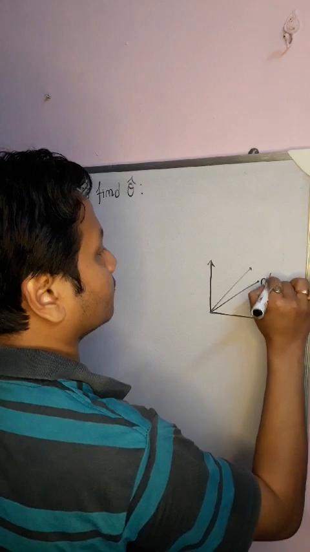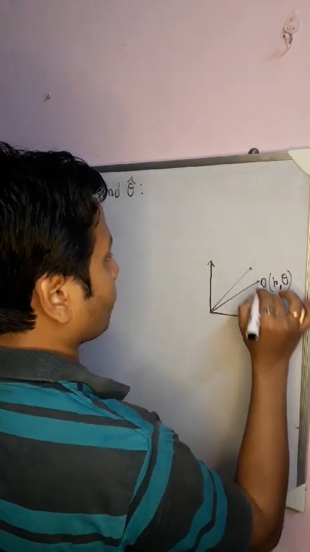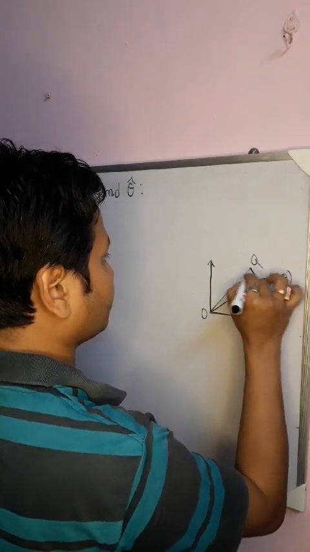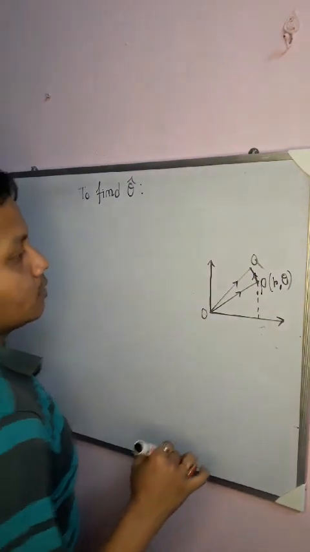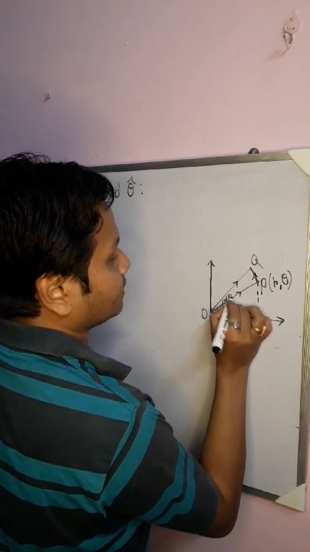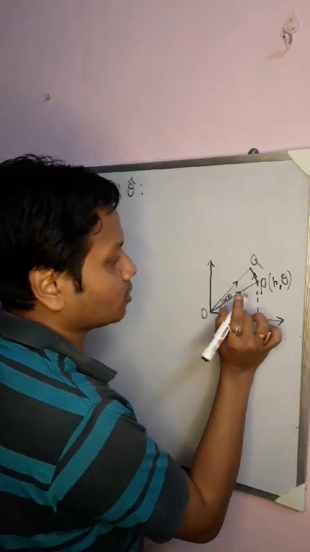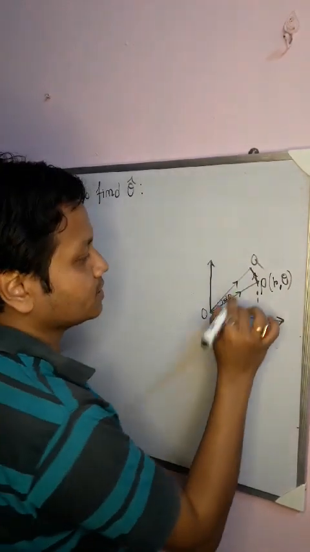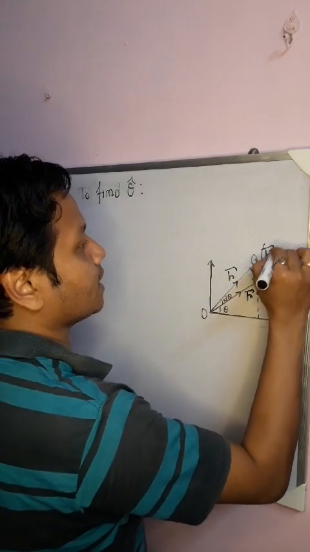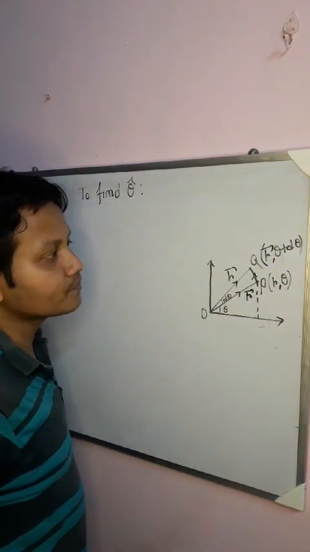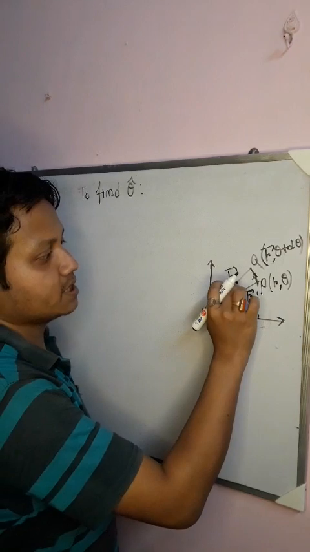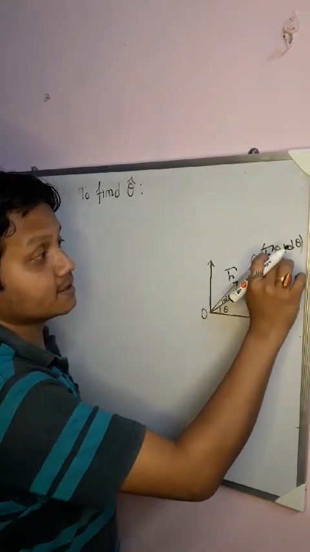We take another point Q, so that this is OPQ. This angle is d theta and this is theta. The d theta angle is so small that these two lines almost superimpose on each other. That means if this is r, this is also r, but theta changes, so its coordinates are r and theta plus d theta.